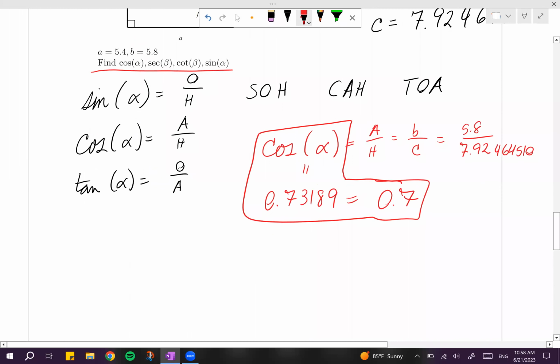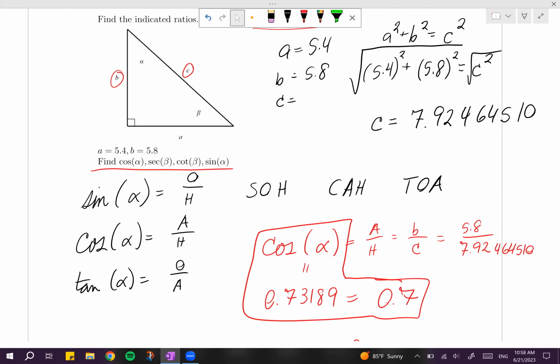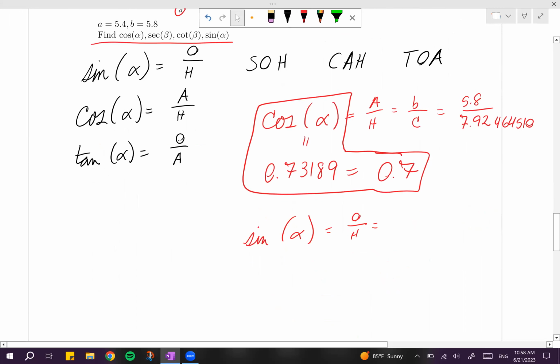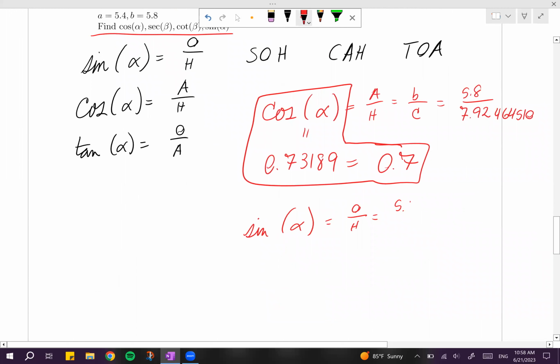I'm going to skip over and do sine of alpha. Sine we know is opposite over hypotenuse. Looking at my alpha, my opposite side is the side A over the side C. My side A is 5.4.